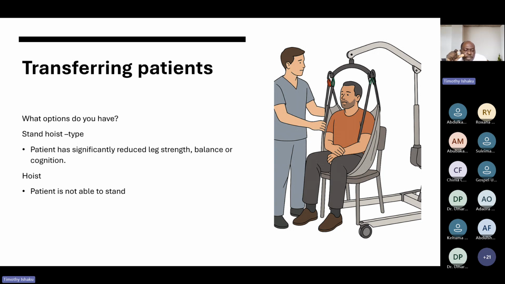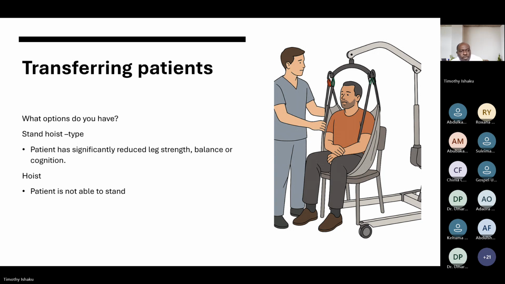But with a standing hoist, the advantage is that wherever you have that type of patient that needs to be transported, you can just roll that hoist to that particular place and then use it for the patient. Alternatively, some practices usually have this type of patient in specific wards and you can use it for them.